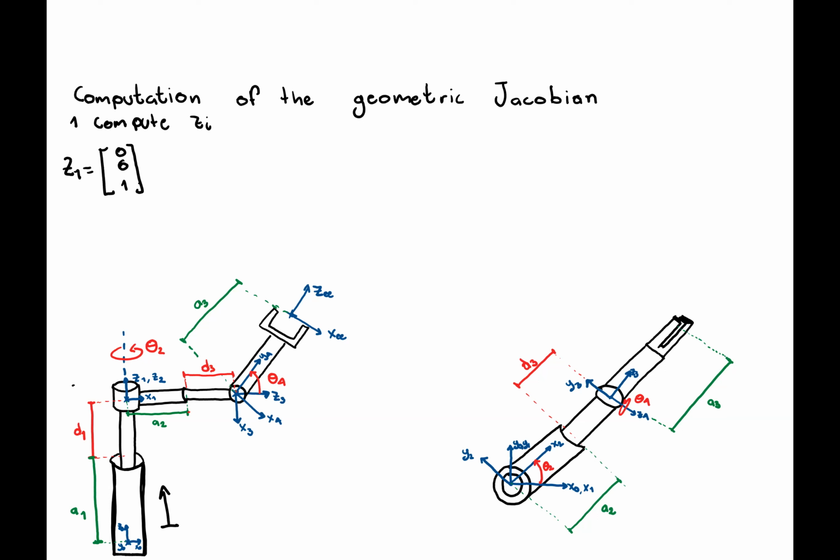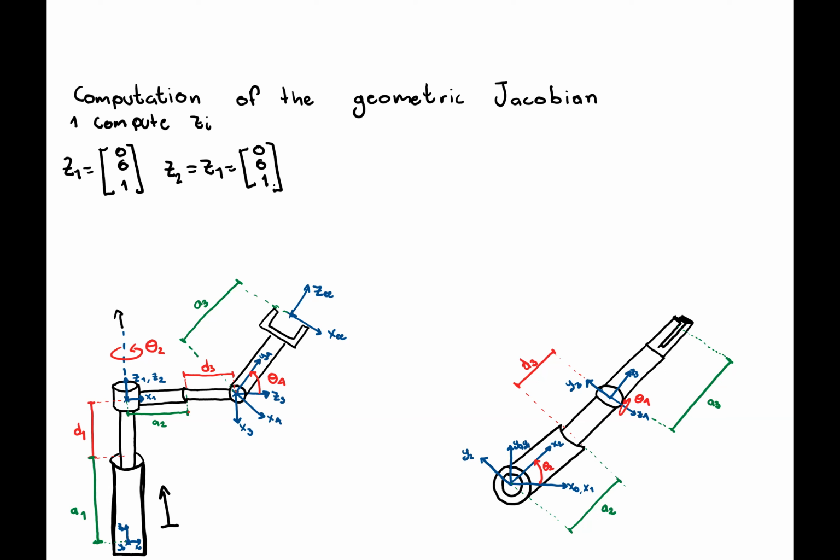Then z2 is actually easy as well, because z1 and z2 are aligned here. So the axis of rotation is this one, and z2 is equal to z1, which is 0, 0, 1.